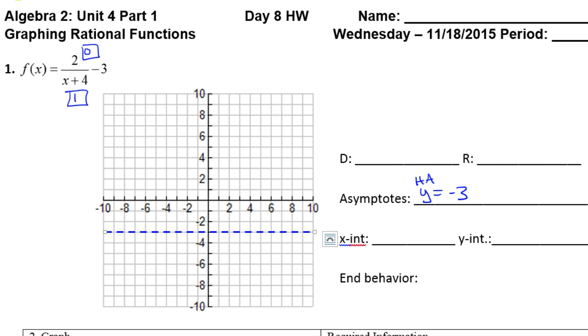Now, vertical asymptote, we have learned that you can get a vertical asymptote by setting the denominator equal to 0. So if I do that, that's going to give me x equals -4. So x equals -4 is my vertical asymptote.